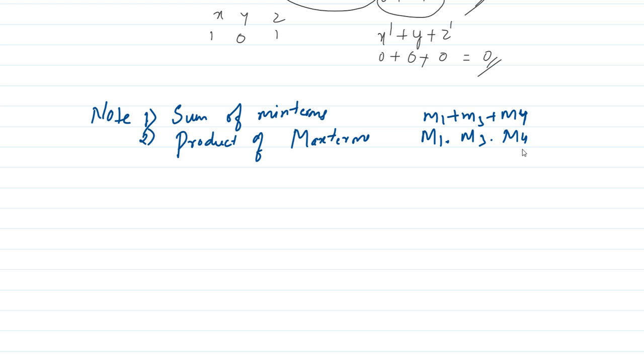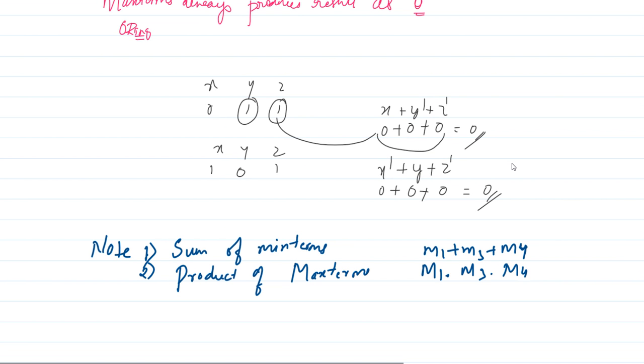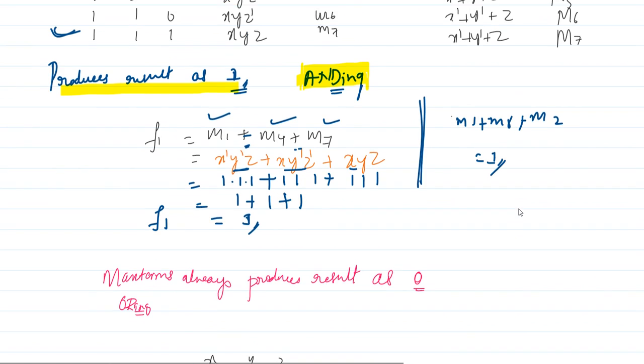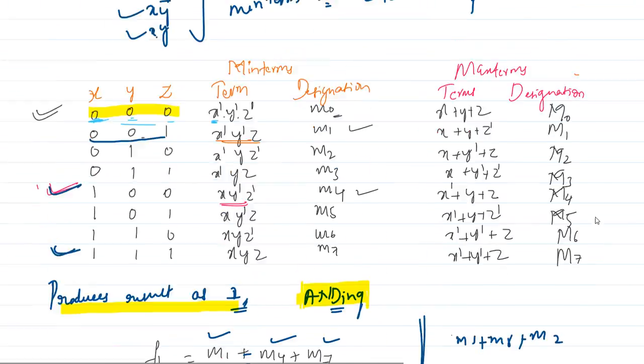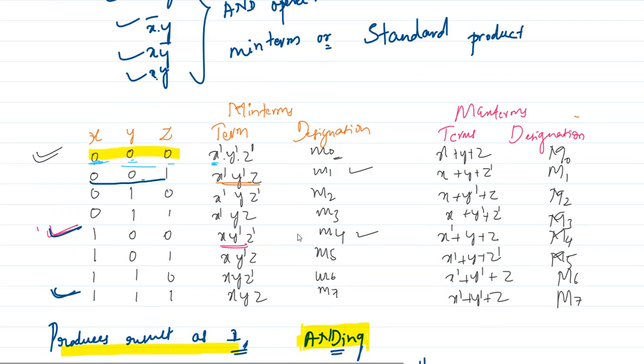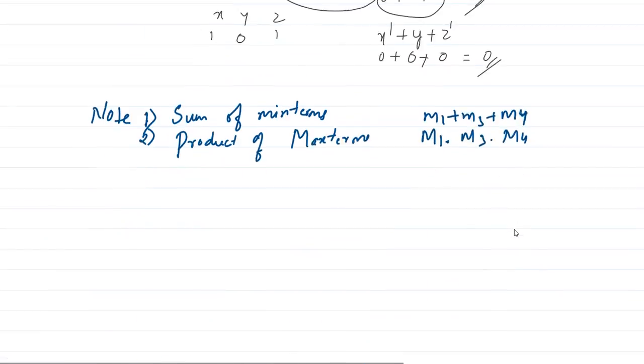You can put the values in this, M1 dot M3 dot M4. What is M1? M1 is 0 0 1. Next, M3 is 0 1 1, and the last one is M4, which is 1 0 1.